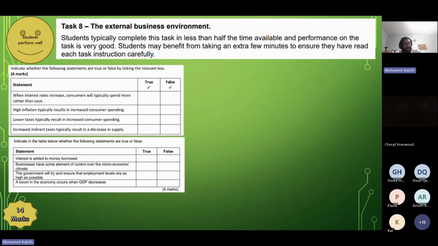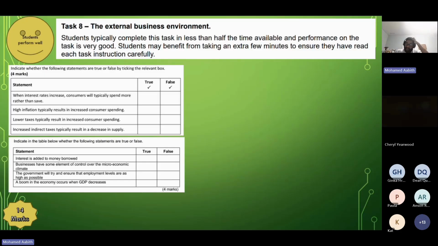Lower taxes typically result in increased consumer spending. Absolutely. Lower taxes mean your retained income is going to be higher. So your surplus income can be spent, and customers are more than happy to spend. The statement is absolutely fine. Increase in indirect taxes typically results in decrease in supply.